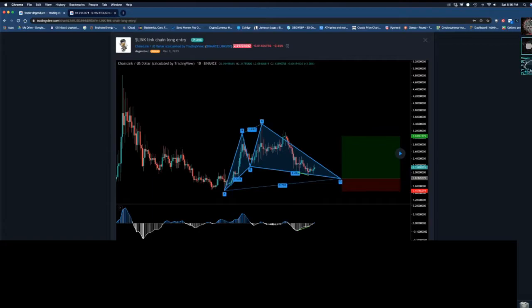But that doesn't allow me the consistency I'm typically looking for. If I have an alt going up in BTC but down in USD or vice versa, and I have to go from BTC to the alt, back to BTC, back to USD, it's just too much. So I really like just going straight from the shitcoin to the USD pairing and back.